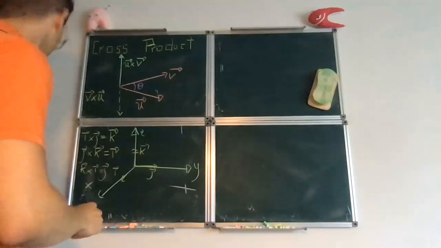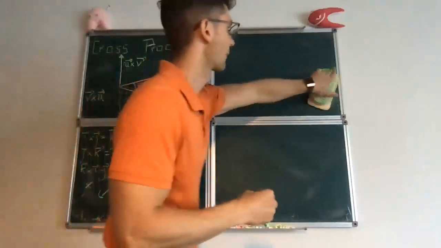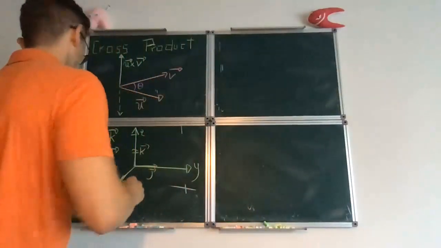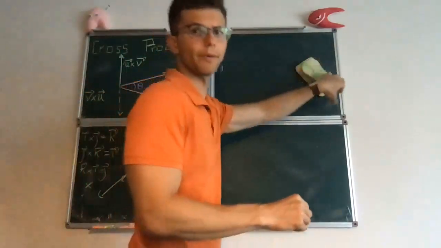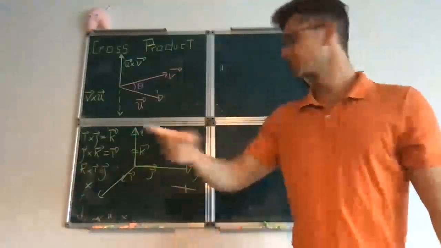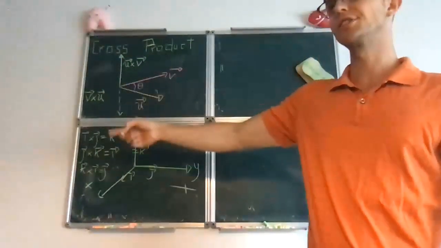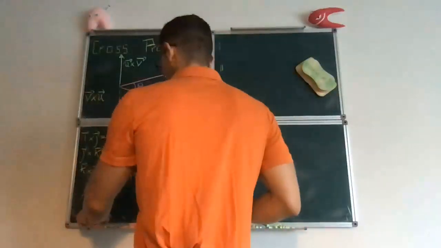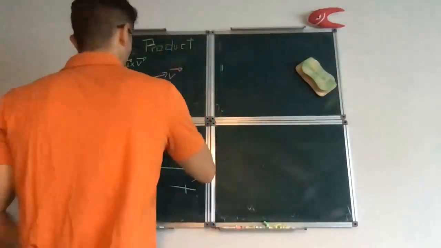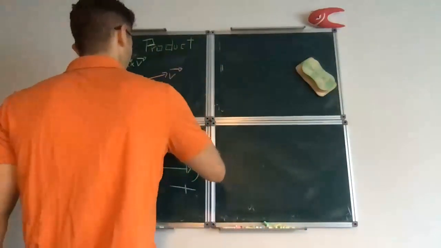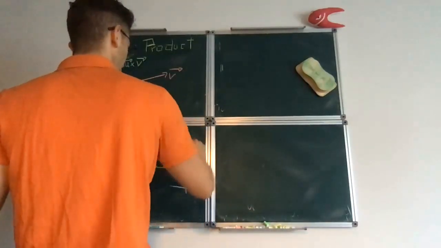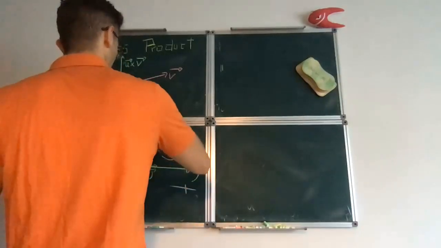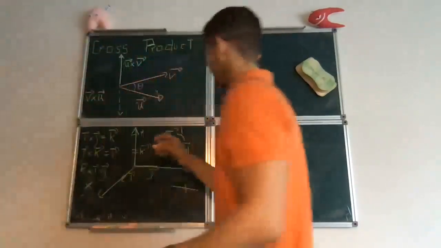In fact, one way to remember this is that, as you can see from this formula, it's somehow cyclic in the sense that you can put here i, j, and k, almost like as being on a circle.